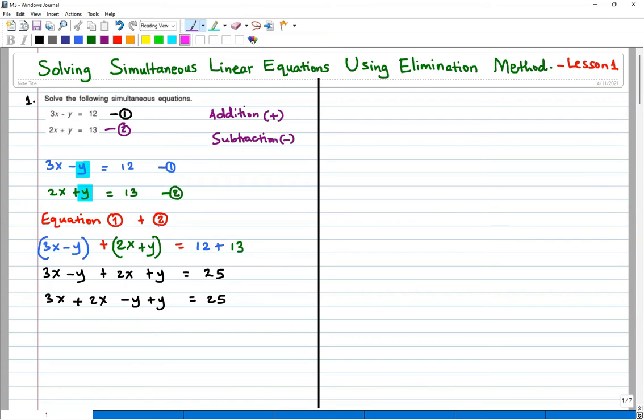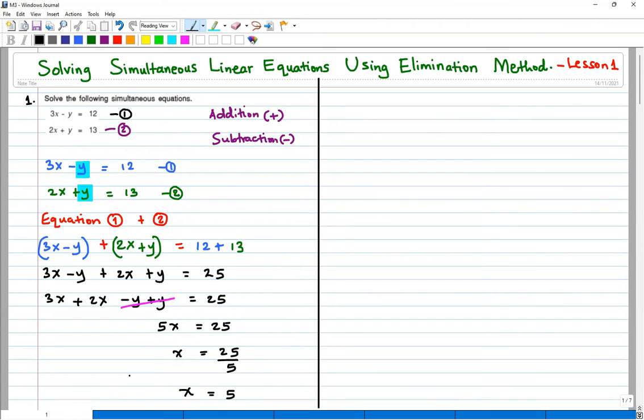And now you see that y is eliminated because minus y plus y is 0. So we have 3x plus 2x, that is 5x, which is equal to 25. You see? And then x is 25 divided by 5, and this will give us 5.